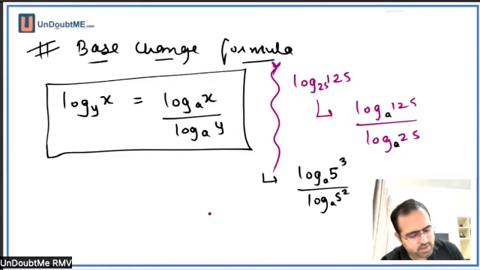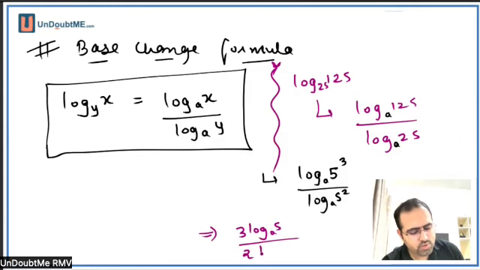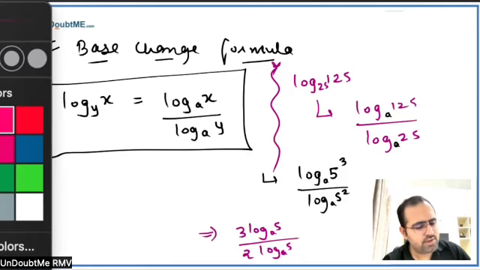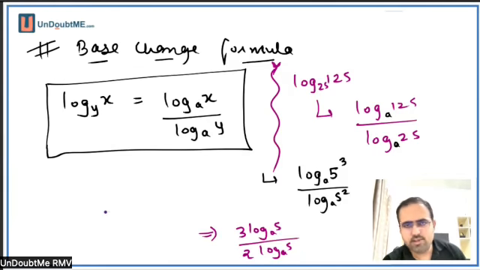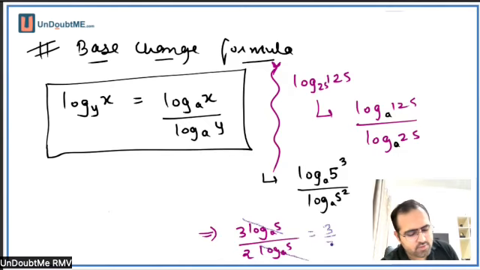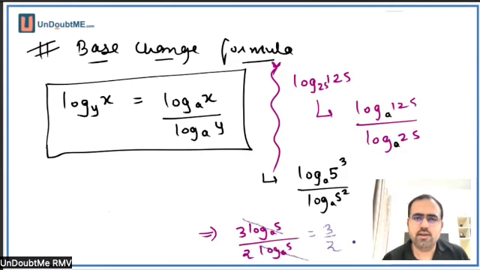Then after that, the numerator can be written as 3 log 5 to the base A. Denominator will be 2 log 5 to the base A. You can see that whatever was the base, it was really not important. The important thing was that after applying base change formula, I have reached to such a step where they will be eliminated and I will get the answer without even using calculator.